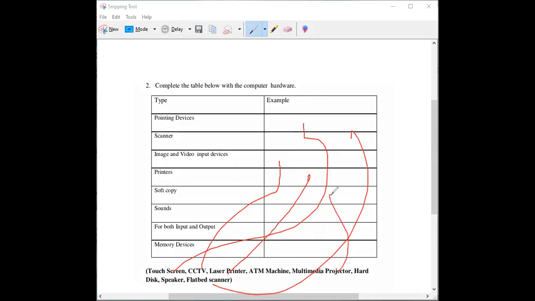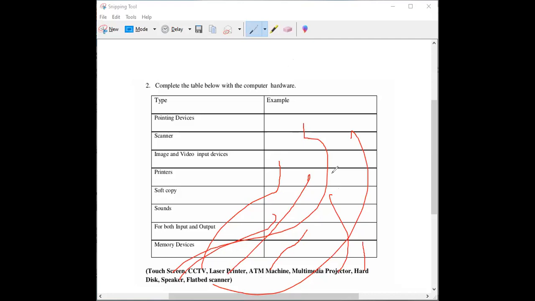Sounds. Speakers. For both input and output, ATM machine. Then memory device, hard disk. So for both input and output, we can put touch screen also.